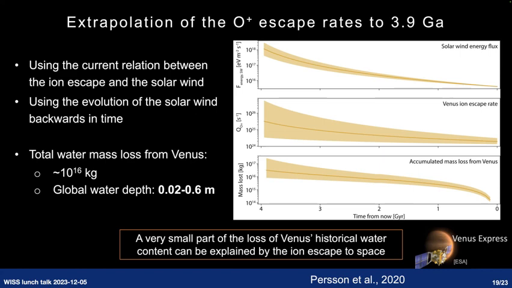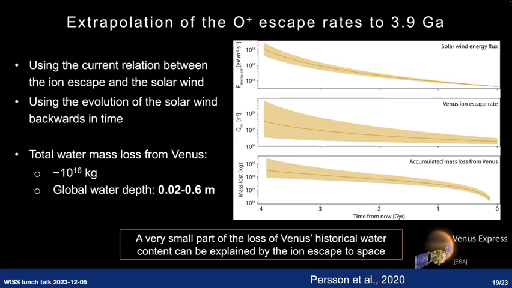And in the end, this means that the amount of water that has been lost from the planet Venus through space is equivalent to, if you spread all of this water over the entire planet of Venus, you get about 0.5 meter of water. And when you consider how much water Venus should have had in its early history, it should have been maybe a hundreds-of-meters-thick ocean.